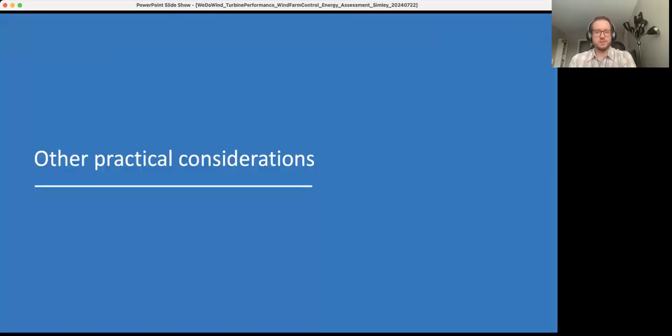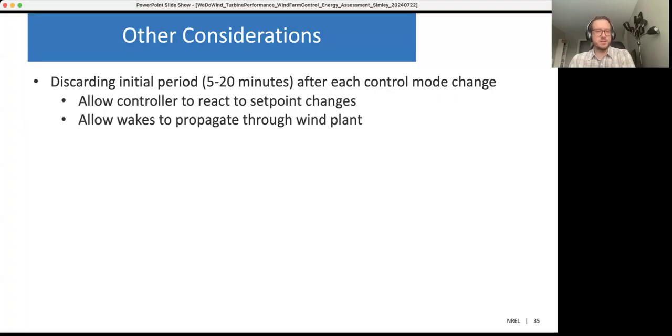All right, so last slide, just some other considerations for estimating the energy production from wind farm control. So we're doing these toggling experiments where we toggle between baseline and wind farm control every hour roughly. We usually discard an initial period after a control mode change, maybe a 10-minute period.